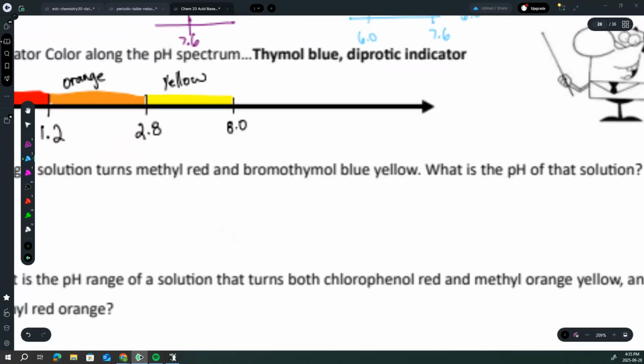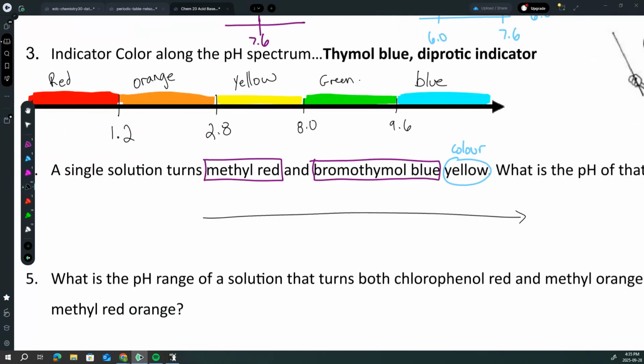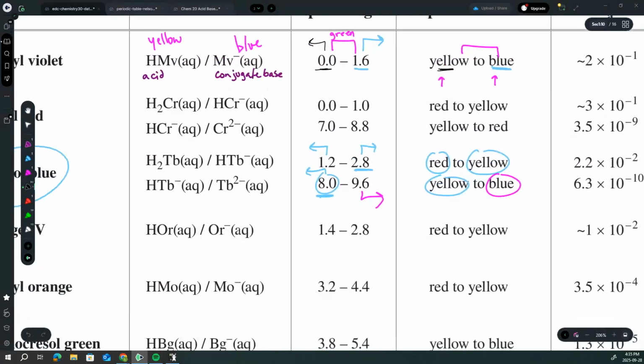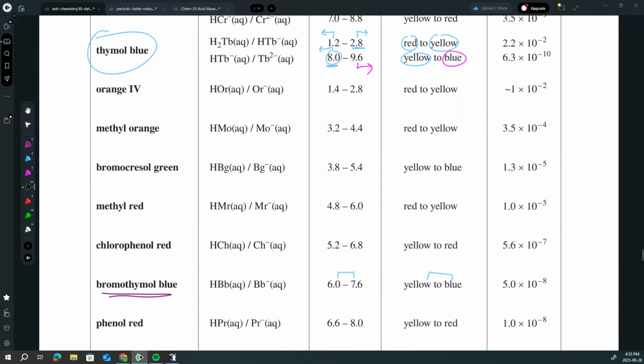All right, so this is where the number line comes in really handy. Okay, so let's take a look at methyl red and see where it is. Okay, there's methyl red right here. Okay, so methyl red, we wanted to figure out when it's yellow. So it's yellow at 6 and above.